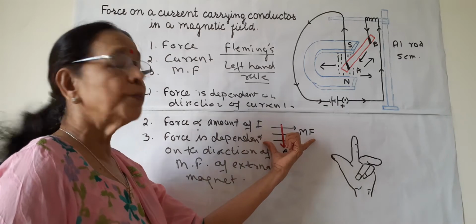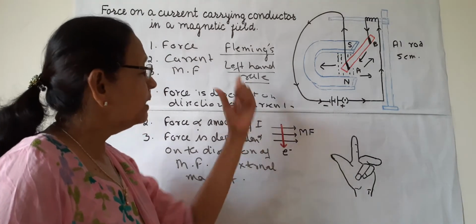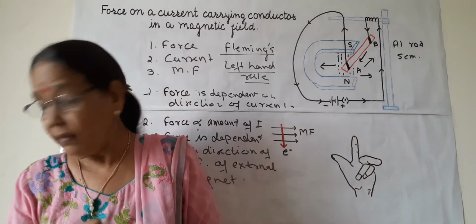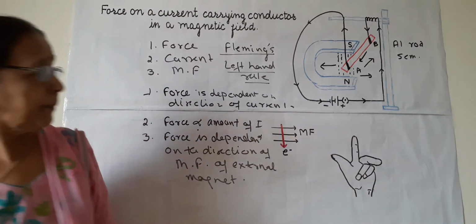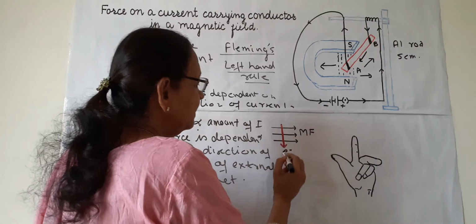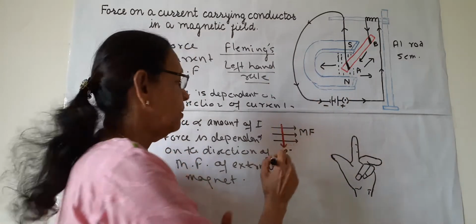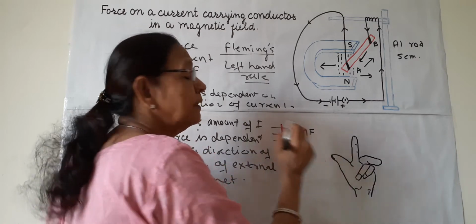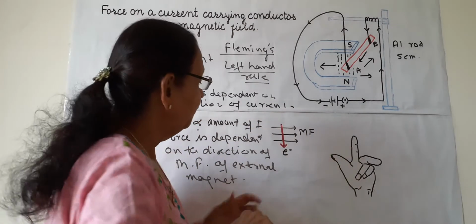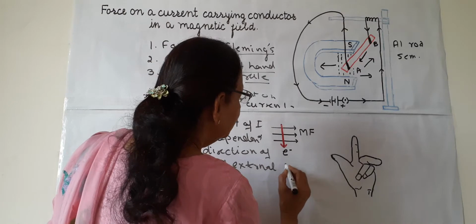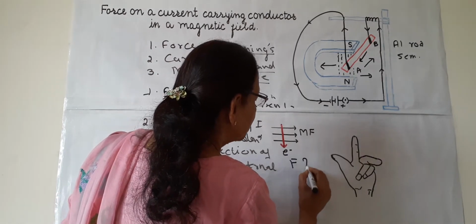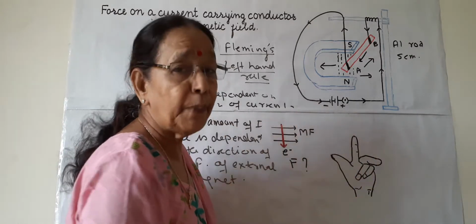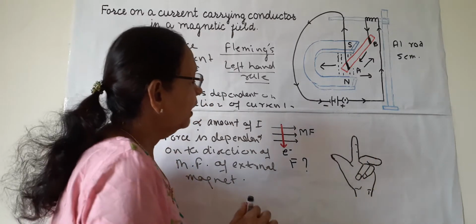Now this is a small question based on this rule. Suppose this is the direction of magnetic field, this side, and this is the direction of the electron. The electron is coming perpendicularly to this magnetic field. We want to know the direction of force, in which direction this electron will be displaced. So how can we know?